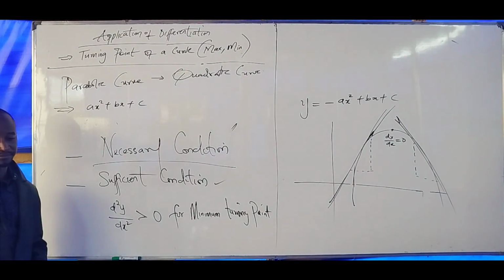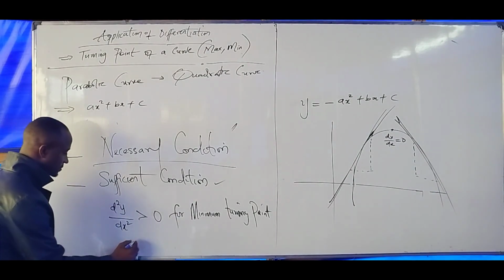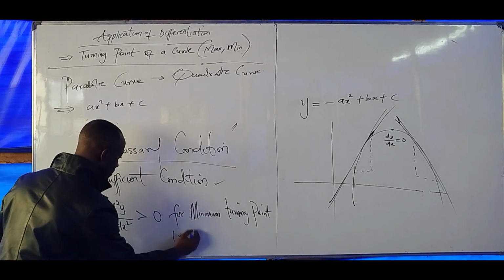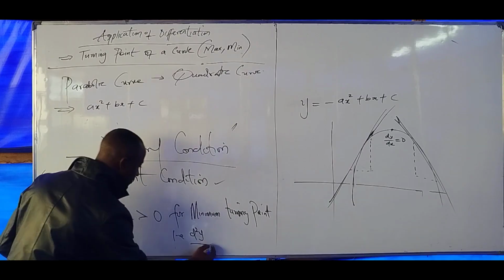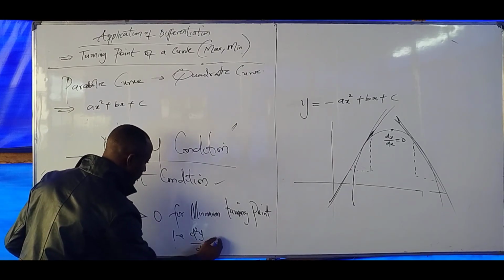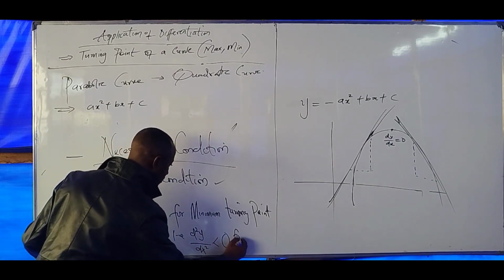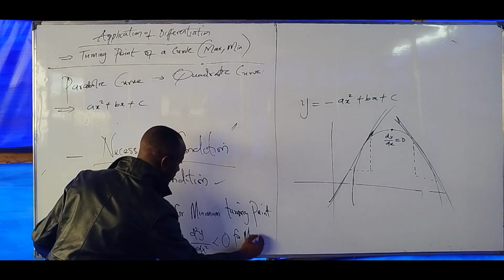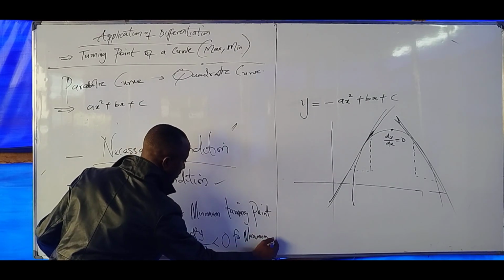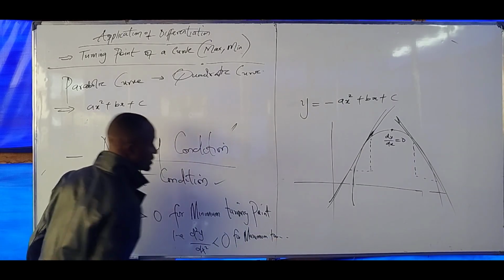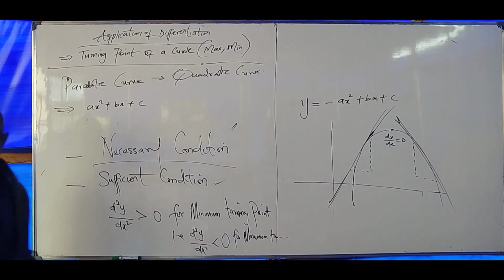Turning point. That is, the d²y/dx² must be less than what? 0. For what? Maximum what? Maximum turning point.